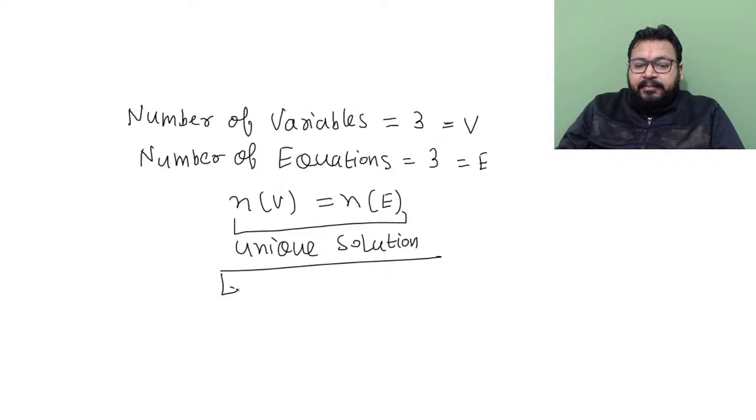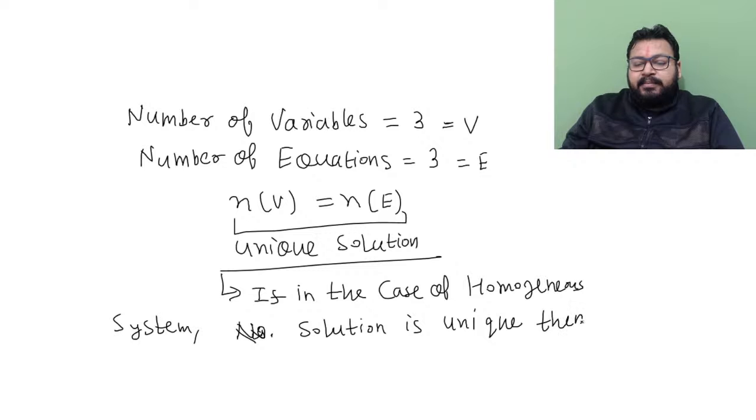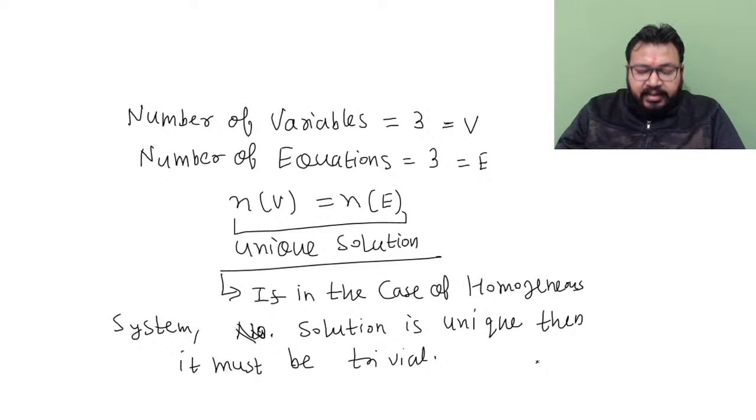Okay, and in the case of a homogeneous system, if the solution is unique, then it must be trivial. अगर होमोजेनियस के केस में सॉल्यूशन यूनिक हुआ तो वो यूनिक सॉल्यूशन ट्रिवियल सॉल्यूशन ही होगा, वो कुछ और नहीं हो सकता.